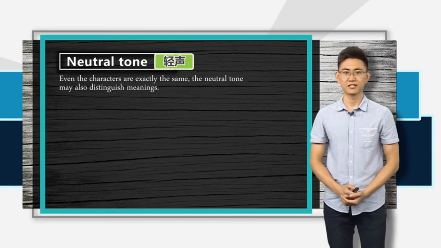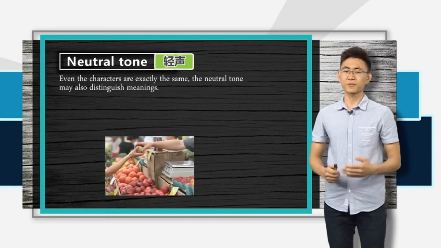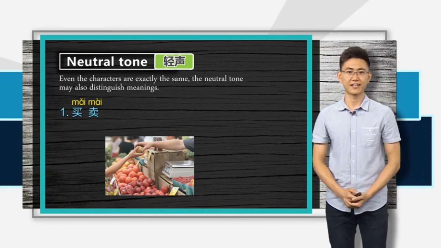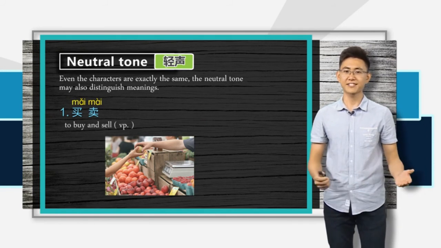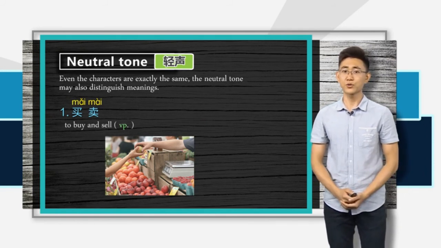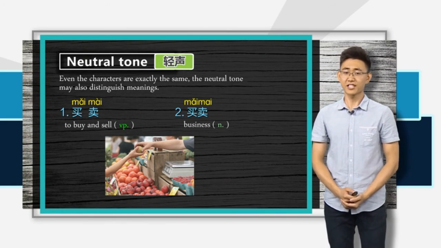Let's look at another word, 买卖. If we pronounce it as mǎimài, it means buy and sell. There are two verbs. While when we pronounce it as mǎimai, it means business. It's a noun.